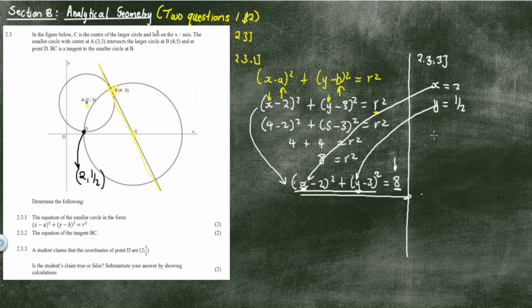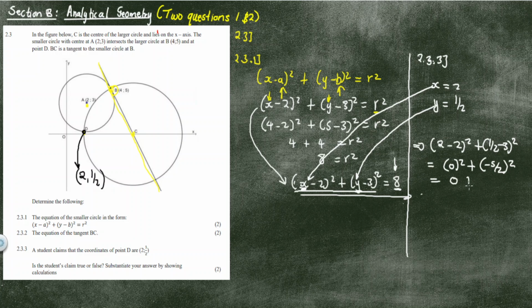Let me show you. We say x is 2, minus 2 squared, plus y is 1/2, minus 3 squared, equals 2 minus 2 is 0 squared plus 1/2 minus 3, that's minus 5/2 squared.